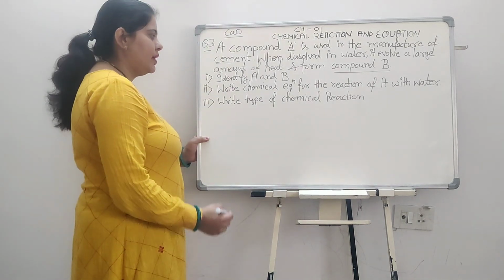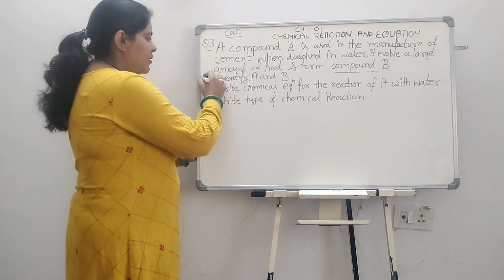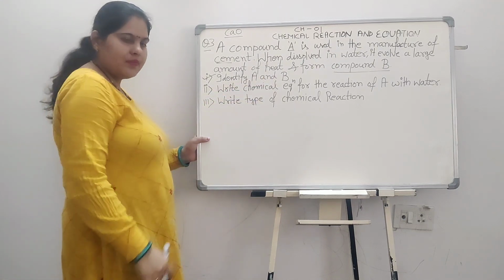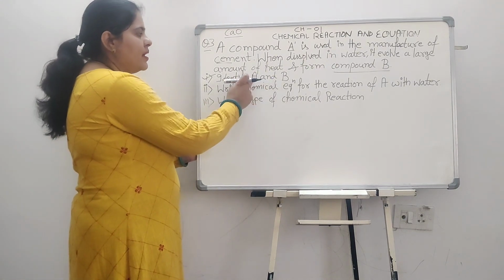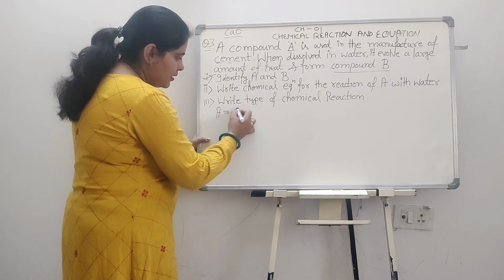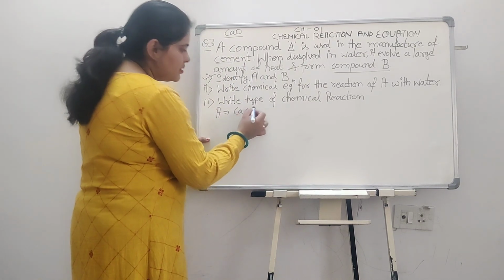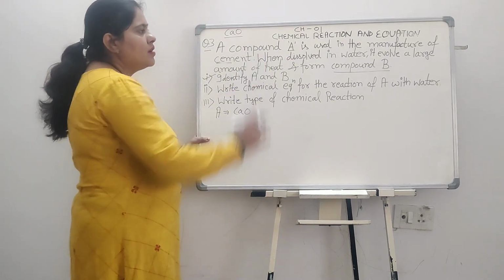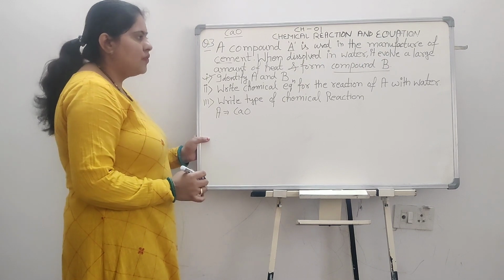They are asking to identify A and B. First you have to identify A and B. A is calcium oxide, because this compound is used in the manufacture of cement. When dissolved in water, it evolves a large amount of heat.